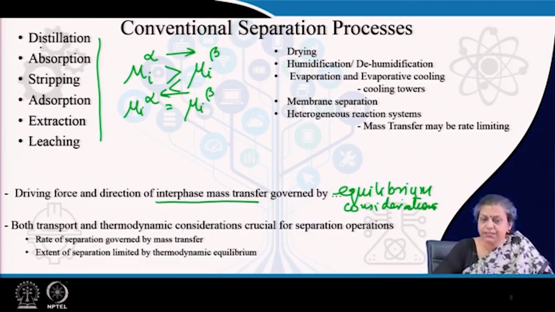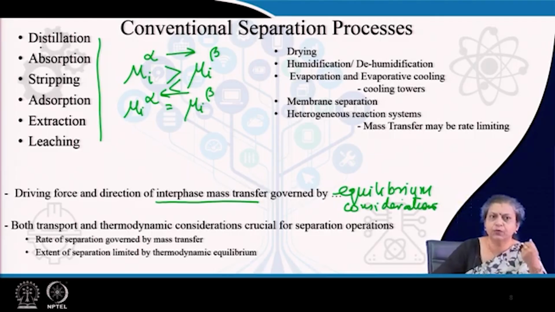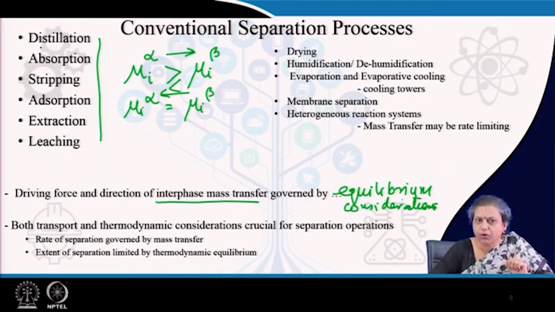But while we design a dryer, we do not take into consideration the equilibrium between the liquid which is evaporating and the liquid which is contained in the flowing air, because there are a lot of other things which become much more important here. For example, the temperature of the air, the velocity of the air, the rate of diffusion of the liquid from the inside of the solid to the surface. So, there are a large number of things.